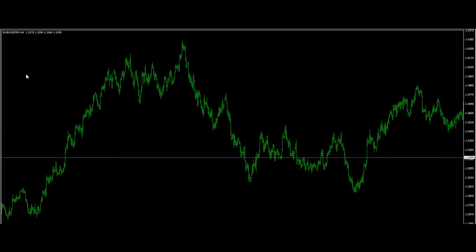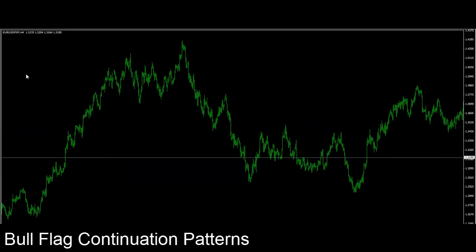Alright guys, we're going to look at bull flags, and this is a bullish continuation pattern. The way it looks is we have a flagpole, as it's referred to in classic definition. That would be this swing here, and the flag portion of the pattern would form something like this.